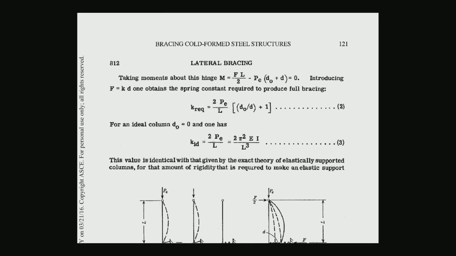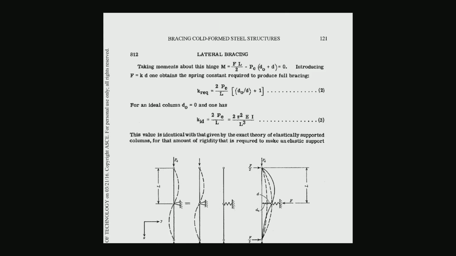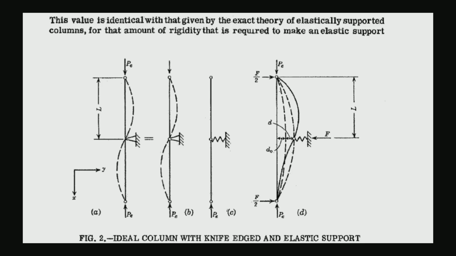Taking moments about the hinge, M equals FL over 2. So you can see here, as the column moves laterally to this much displacement d, F is coming from the stiffness of the spring multiplied by d.